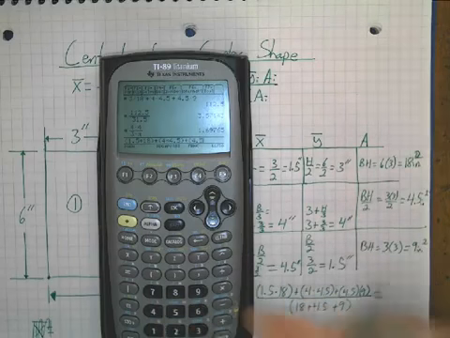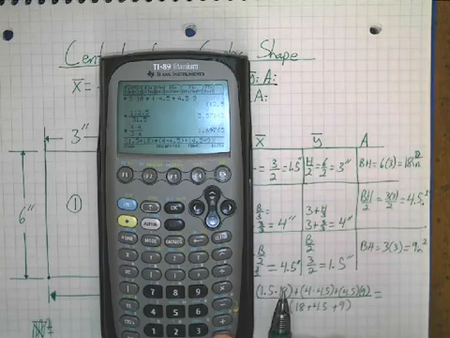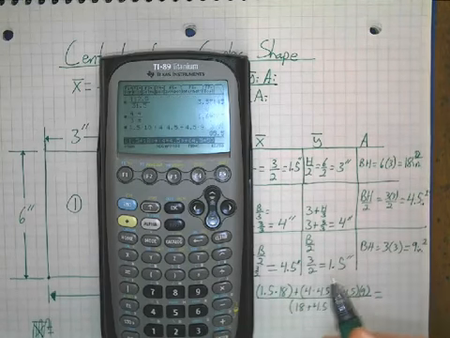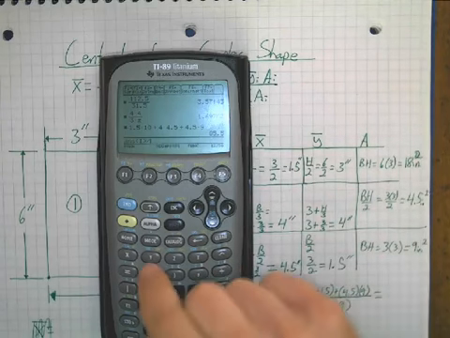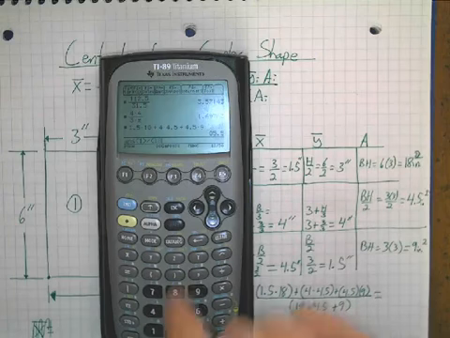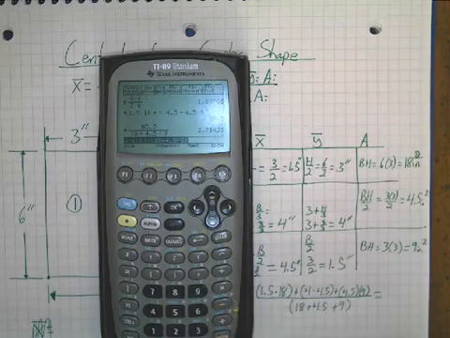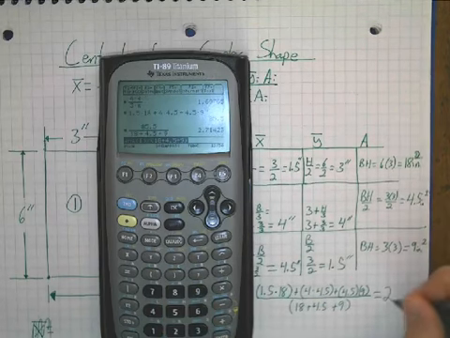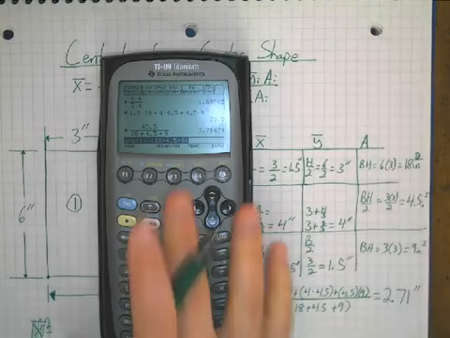Plus 4.5 times 9. And when we do that, we get 85.5. And we're going to take that number divided by, in parentheses, 18 plus 4.5 plus 9. And I get 2.71 inches. So that is my x bar.